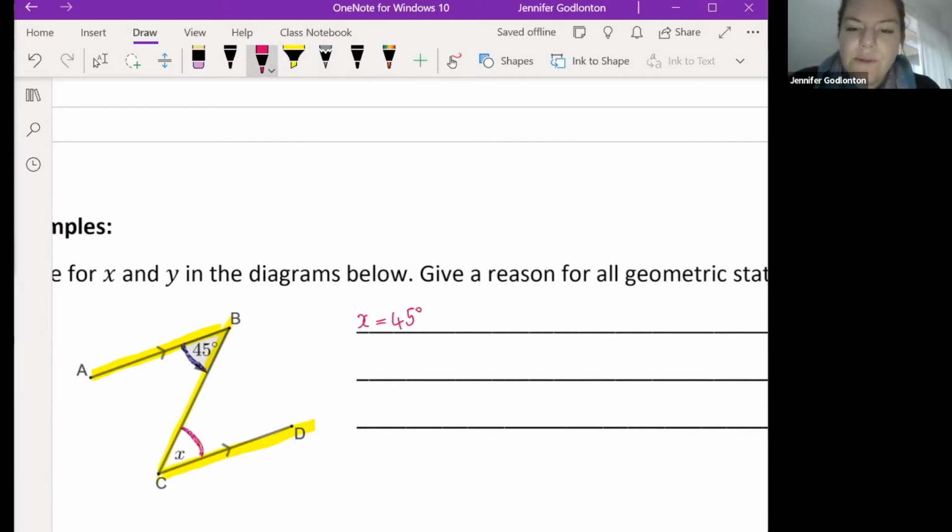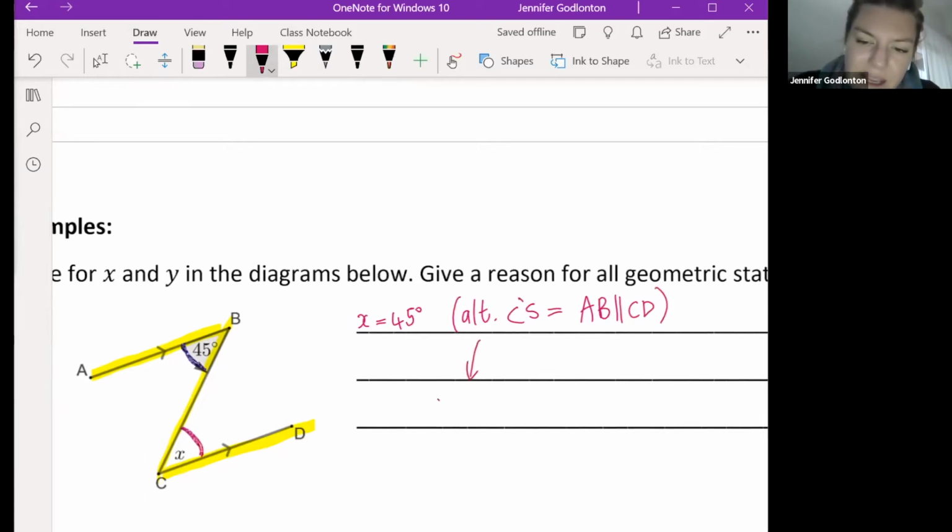When we're using this rule, this is what it looks like. Alt angles. You don't have to say equal, but you can, but you do have to say which lines are parallel. So AB parallel to CD.